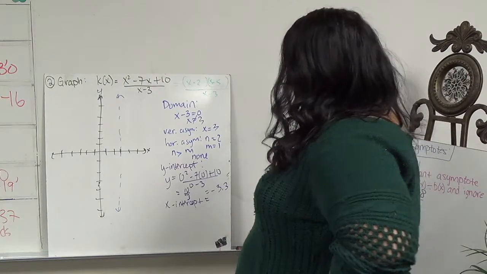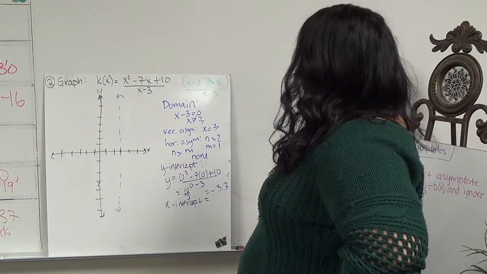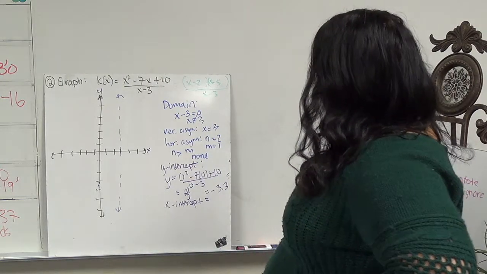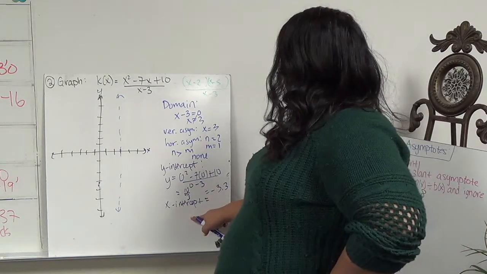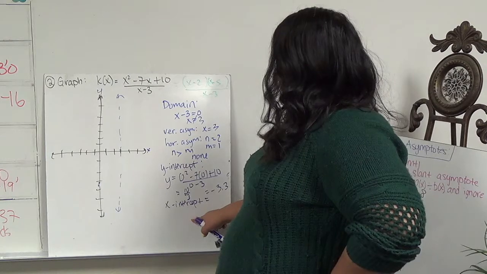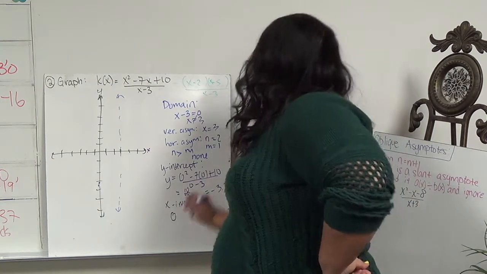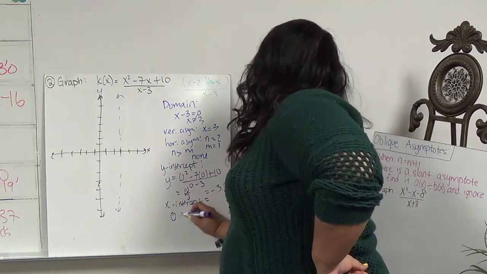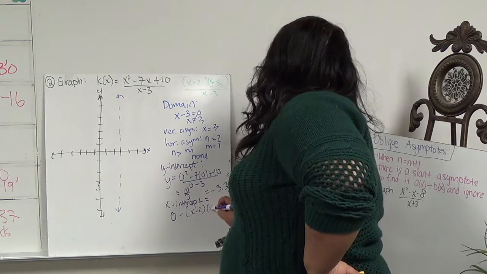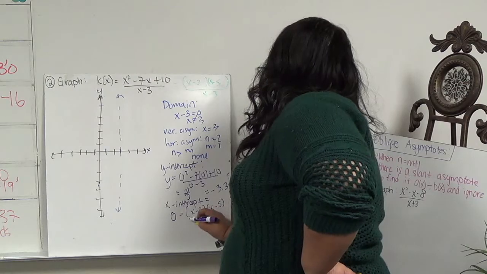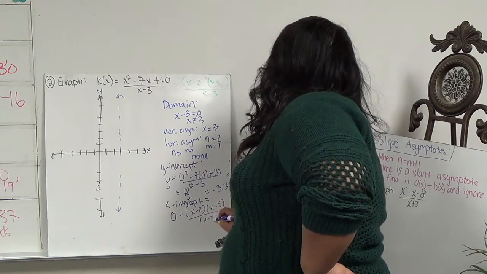The x-intercept, we plug in zero equals. And I'm going to do it for this one because I'm going to have to do this eventually. So x minus 2, x minus 5, over x minus 3.